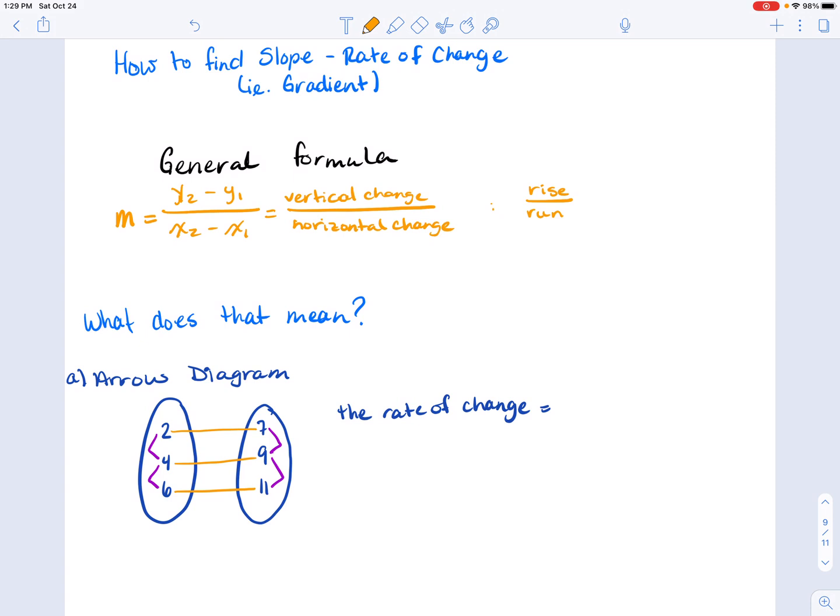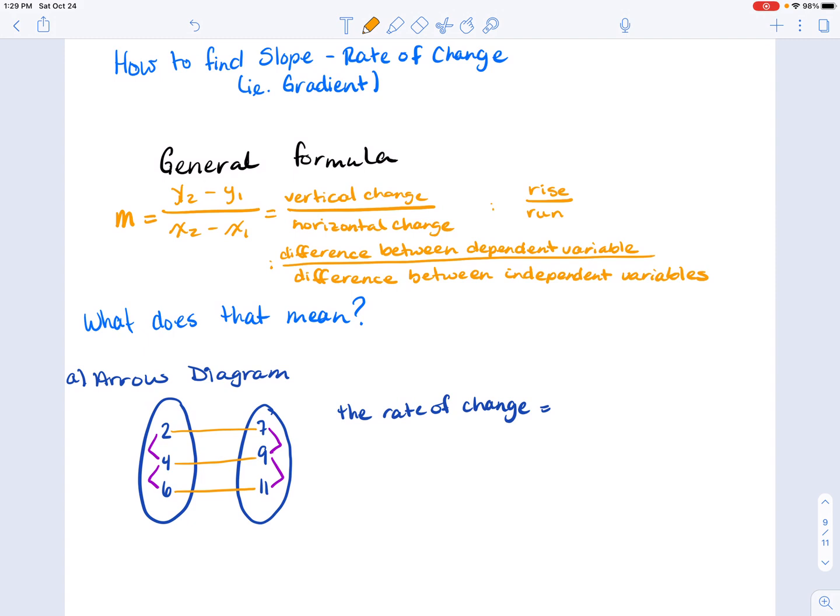Some people refer to it as the difference between dependent variables divided by the difference between independent variables.